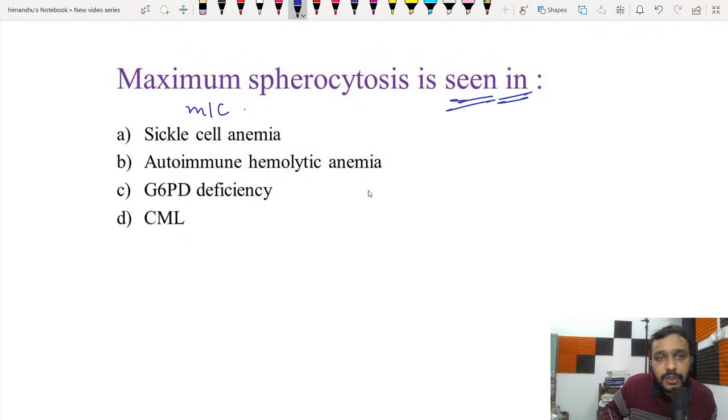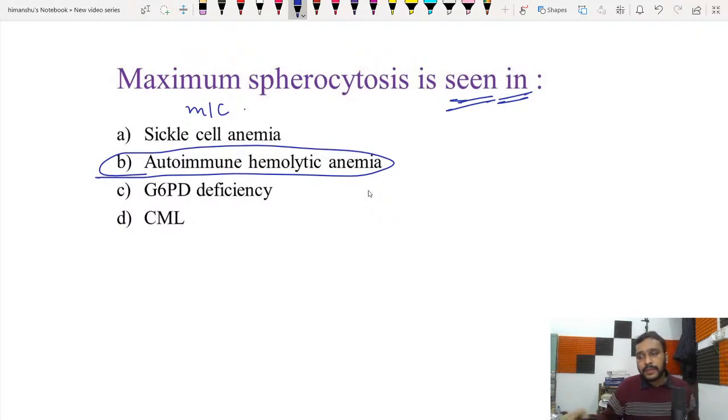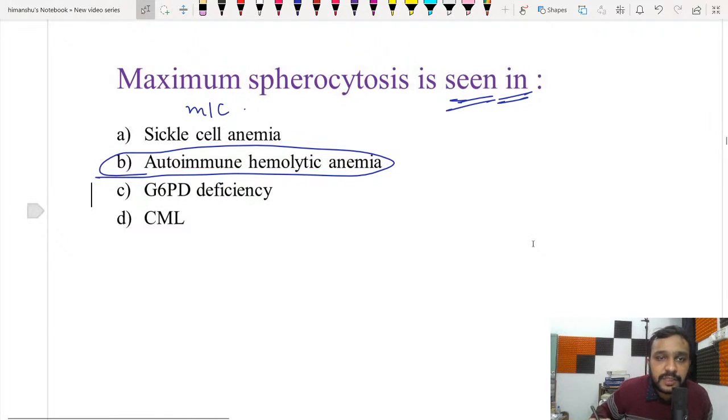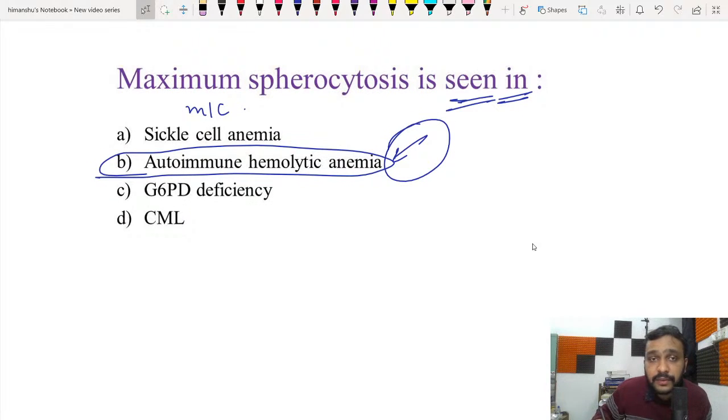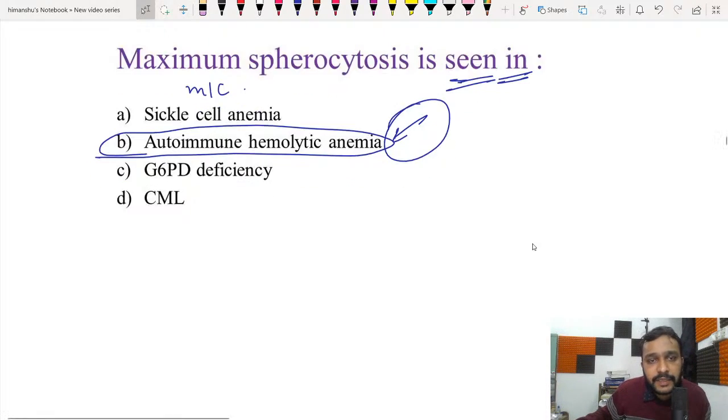The most common cause of spherocytosis is autoimmune hemolytic anemia. So just remember this: the most common cause of spherocytosis is autoimmune hemolytic anemia.